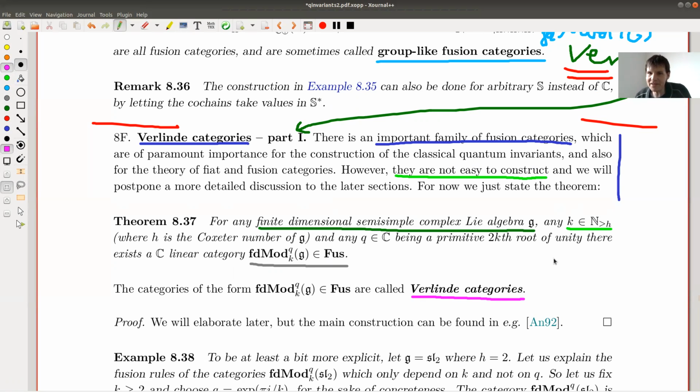If you don't know what that means, you can choose, say, an SL thing, an SO thing, or an SP thing: SL_N, SO_N, or SP_2N. So there's already a whole family by just choosing the right Lie algebra. And for each Lie algebra, you can additionally choose a parameter, which is usually called the level.